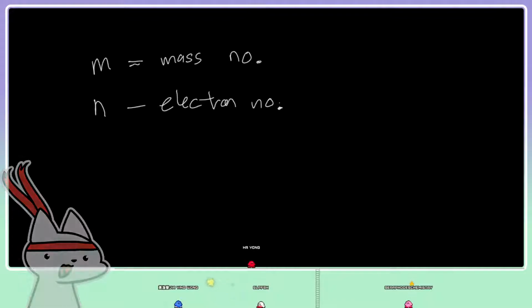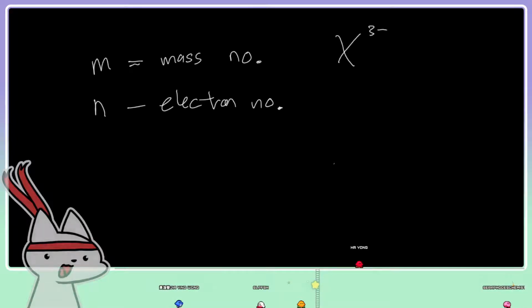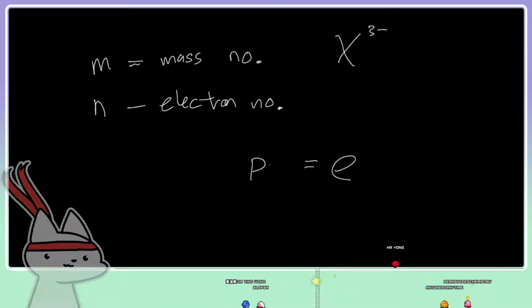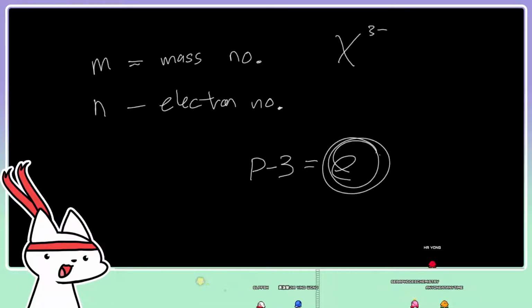X is 3 minus, so the number of electrons is N. There must be 3 more electrons, which means protons should be 3 less compared to electrons.